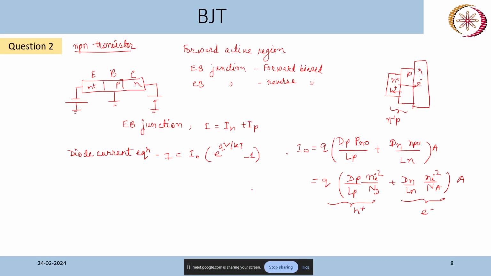Now we want a high electron current, so to increase In, what do we need to do? Decrease the doping concentration in the P region.